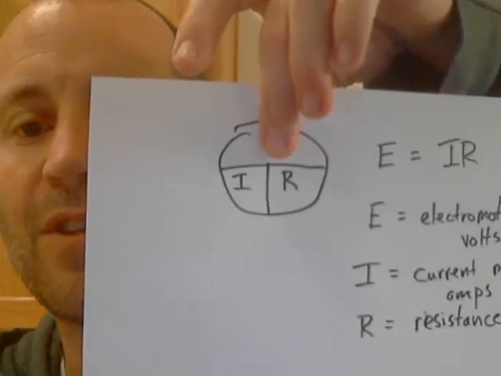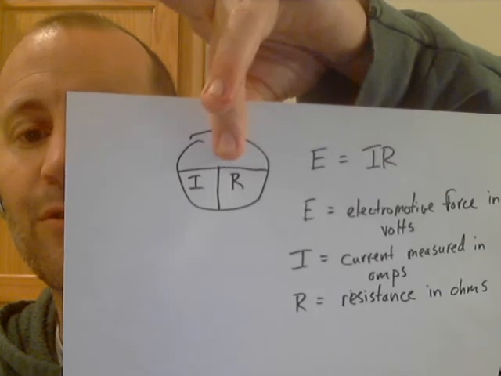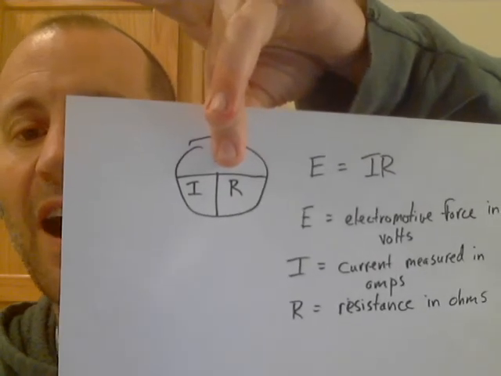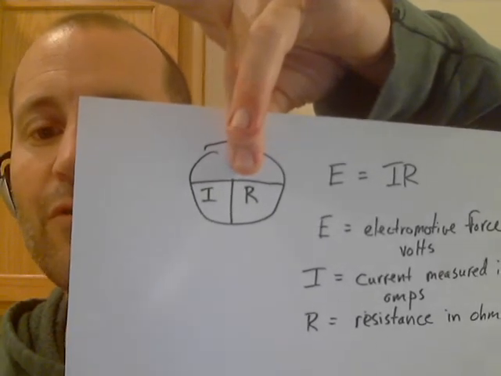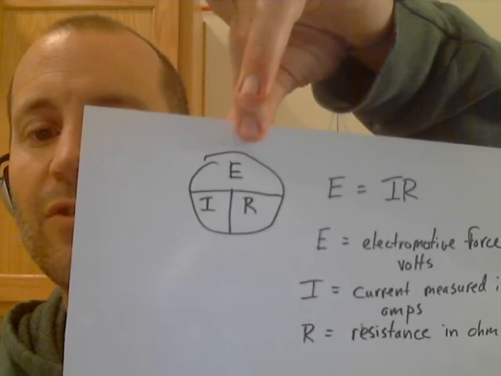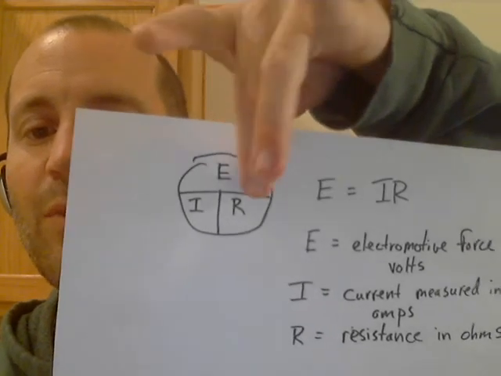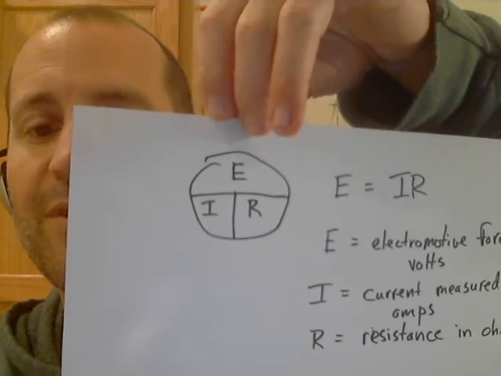I know that the resistance is 100 ohms. And this tells me I need to multiply those two quantities. So I can multiply I times R, in other words 2 amps times 100 ohms. And what I get is 200, and that's my voltage. So 200 volts is needed to push 2 amps through 100 ohms of resistance. And that's how the basic formula works.